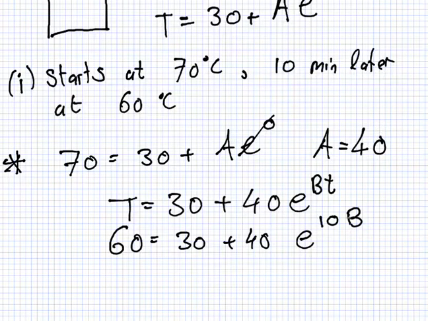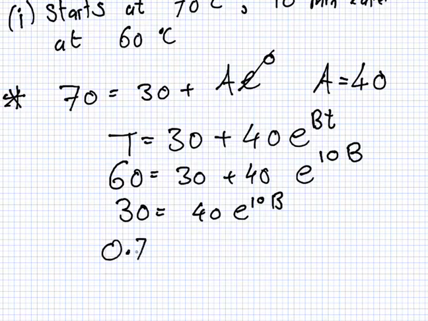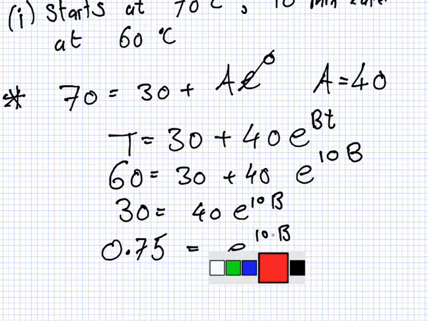So now I can get what the B is. So I have 30 equals 40e^(10b). 0.75 equals e^(10b), because you divide by 40.